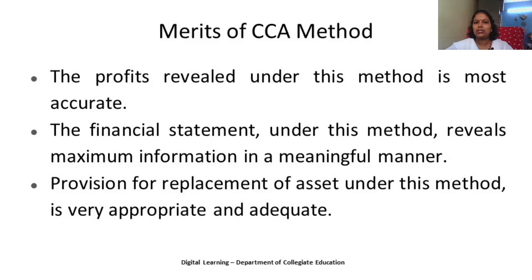Any financial statements, the profit and loss account and balance sheet, if you calculate under the CCA method, show the maximum information in a meaningful manner. That means taking into consideration the current value. That is why it gives more meaning to the financial statements.